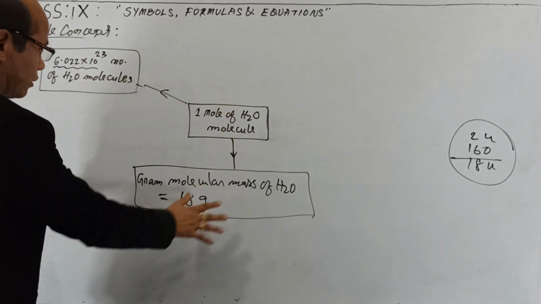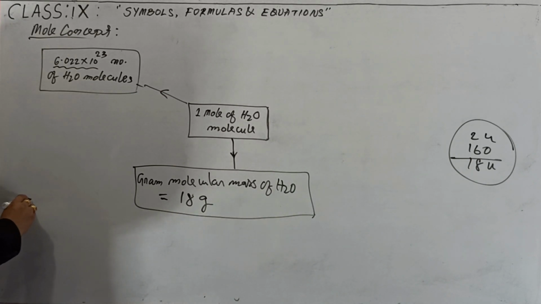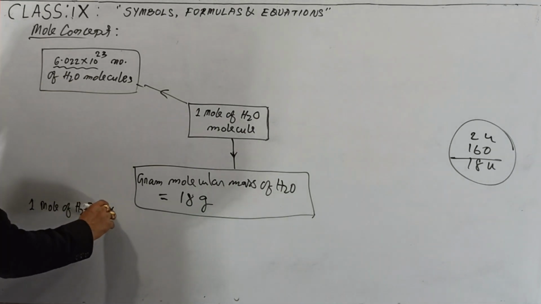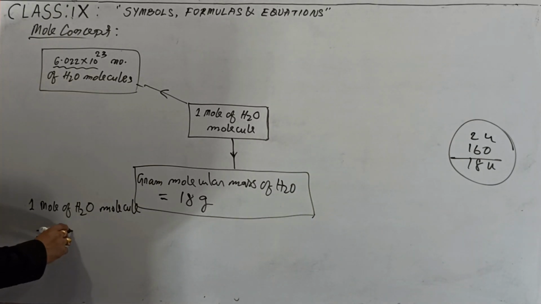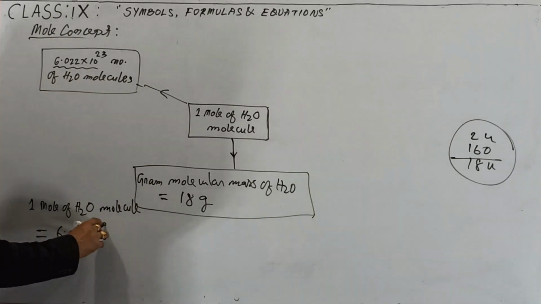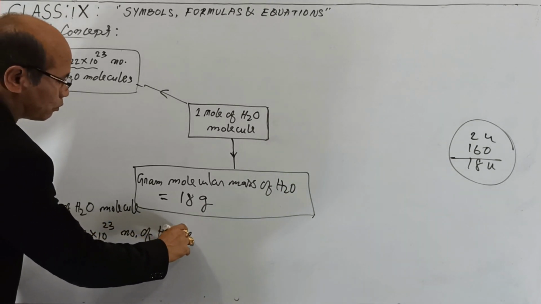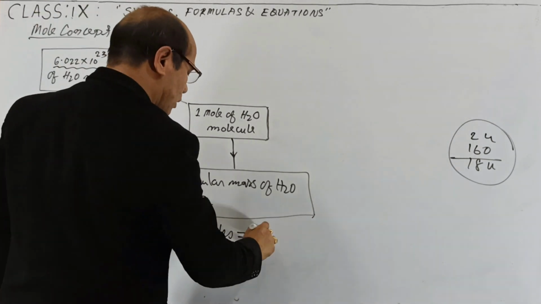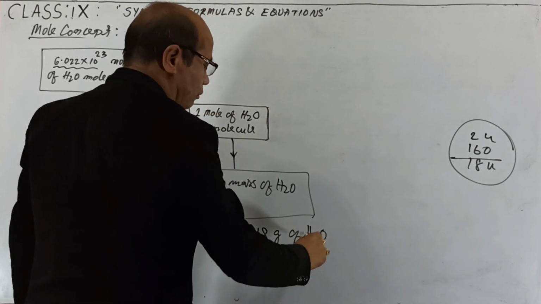So now from this, you can make a conclusion. 1 mole of water molecule is equal to 6.022 into 10 to the power 23 number of water molecules, which is equal to 18 grams of water molecule.